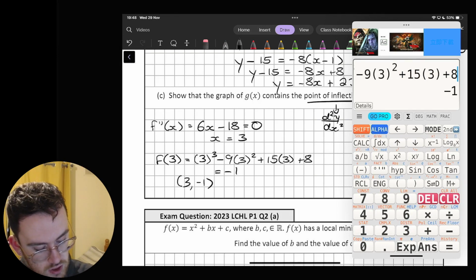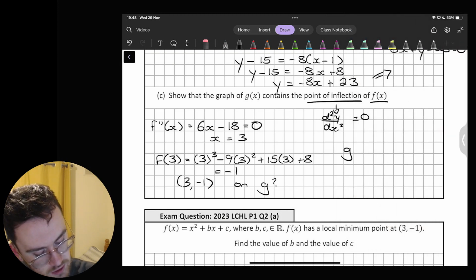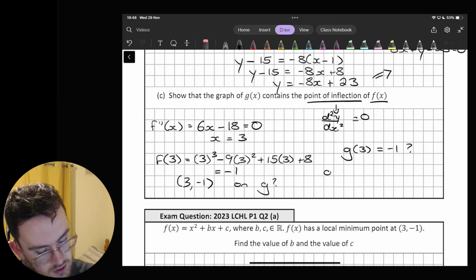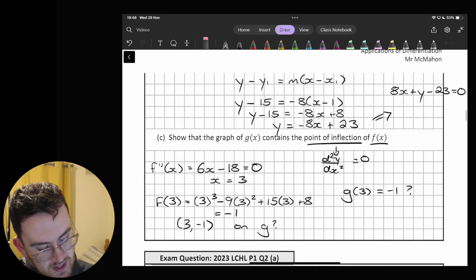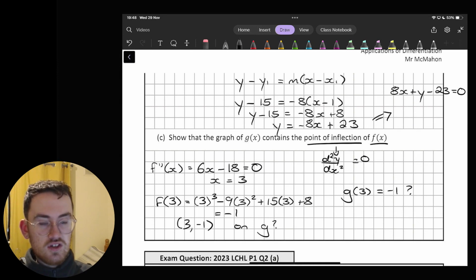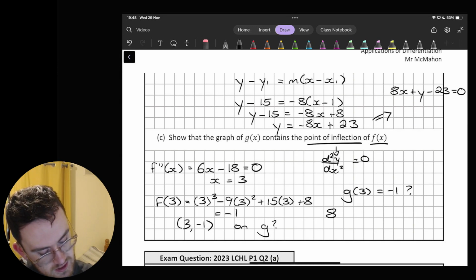I need to show if that is on g. So to show that it's on g, I want g of 3 to be equal to minus 1. So let's give it a go. Subbing that into my equation of the line g, I'll sub it into the long version: 8 times 3 plus minus 1 minus 23 equals 0.